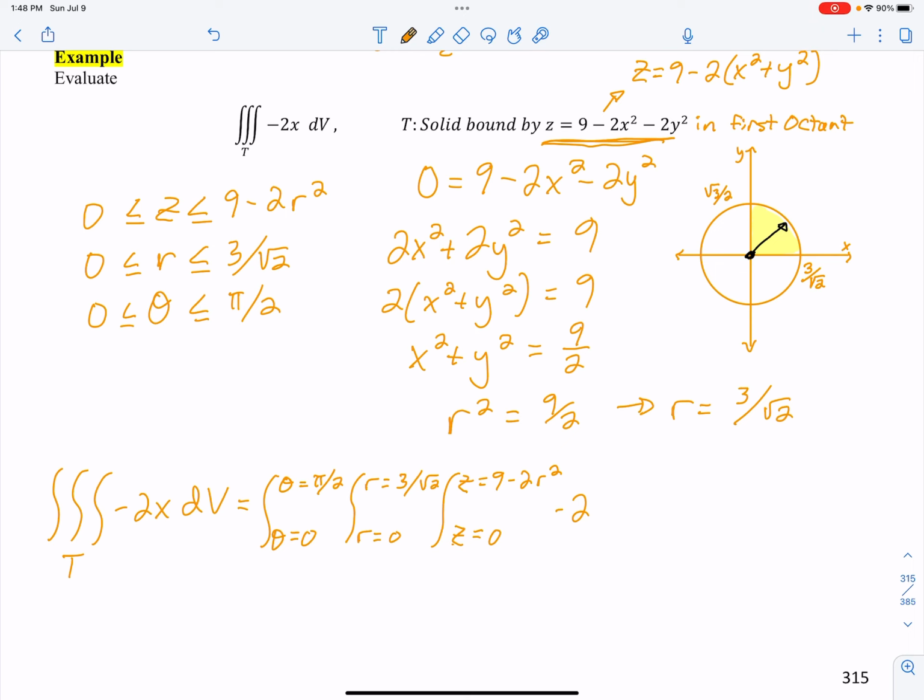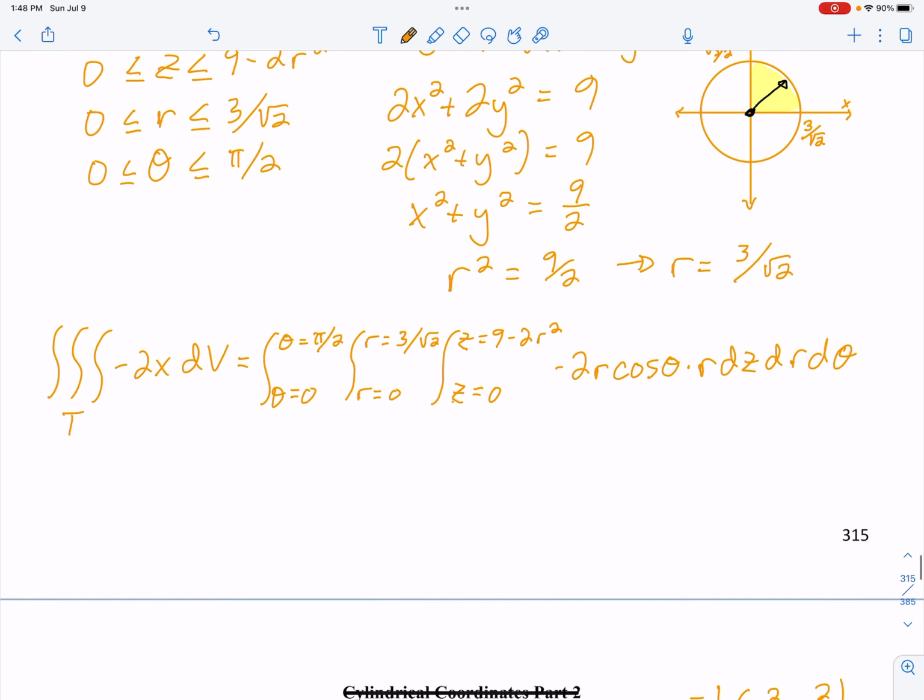So I'm going to replace it with negative 2r. It's x, so it's going to be cosine theta, and then times r dz dr d theta. To save time, I'm not going to work this integral out. This one's actually pretty straightforward if you'd like to give it a shot. If I work this out, this is equal to 81 over 16 pi.